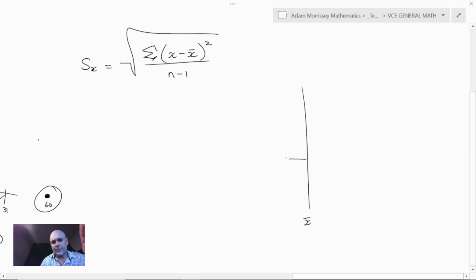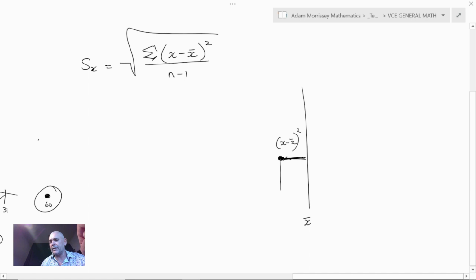It could be any data point, and it could be a certain distance from the mean, either side of the mean. And so when we measure that distance, the part of the formula we're using is x minus the mean. And then we square it.